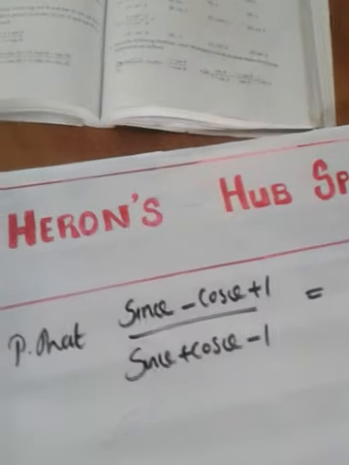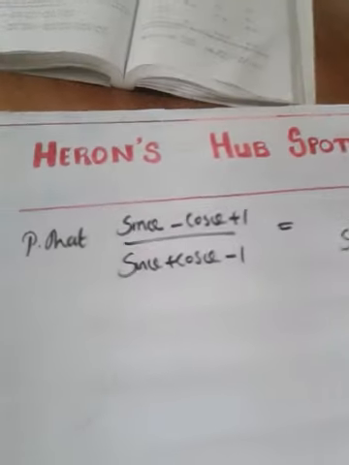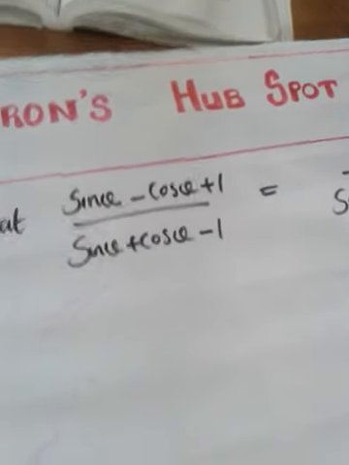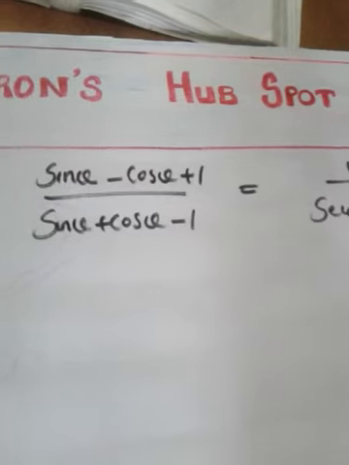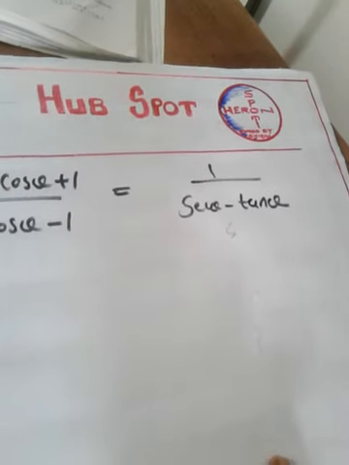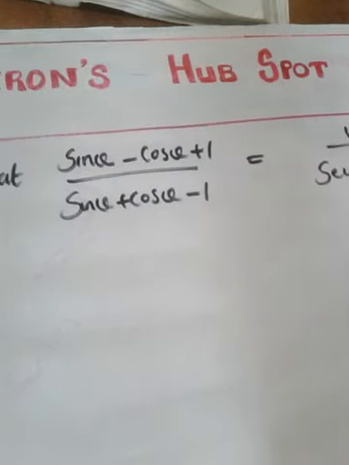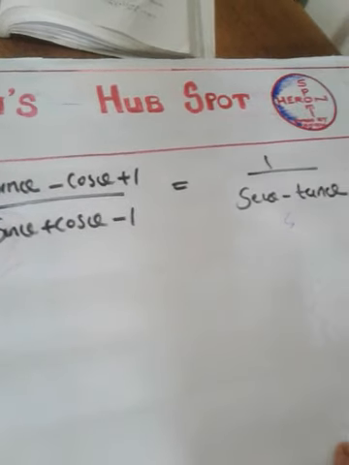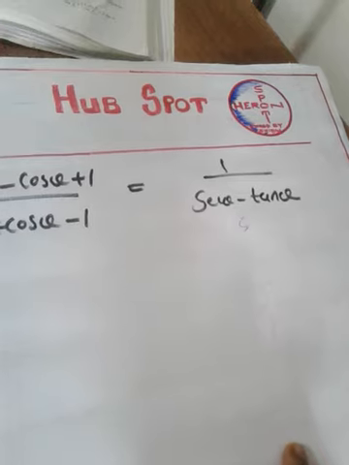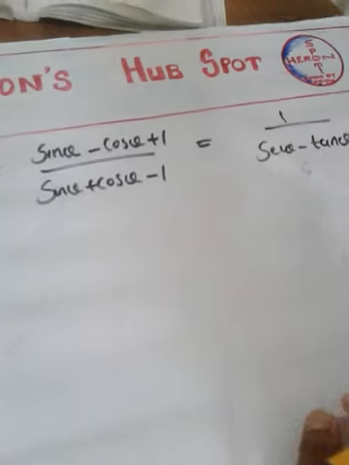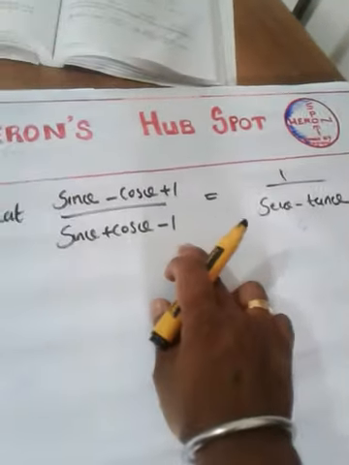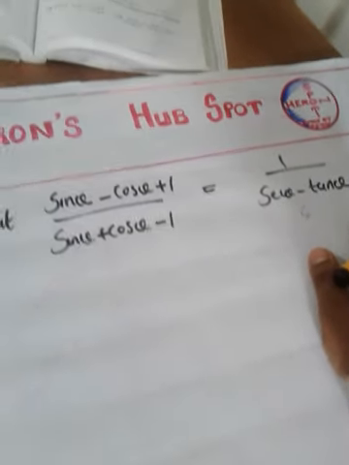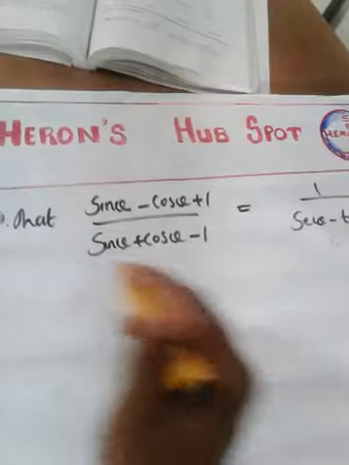Prove that (sin theta minus cos theta plus 1) divided by (sin theta plus cos theta minus 1) is equal to 1 divided by (sec theta minus tan theta). We have to prove that. That means this LHS we have to prove as the RHS, isn't it? And now we just see how to prove. As I told you, this is a very important question.